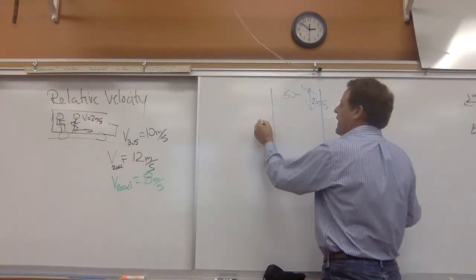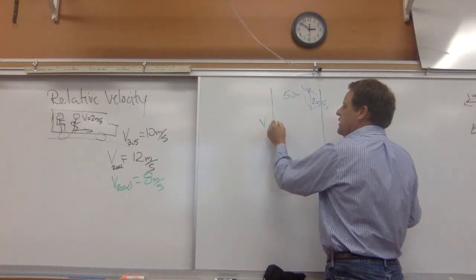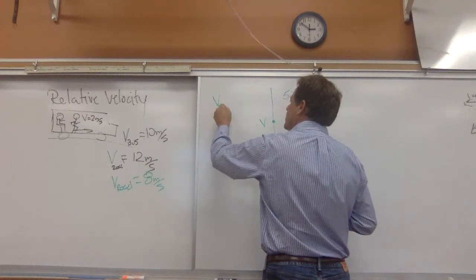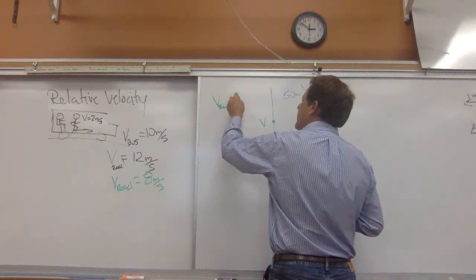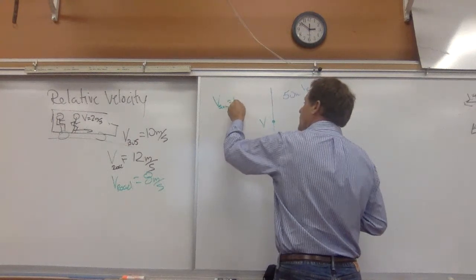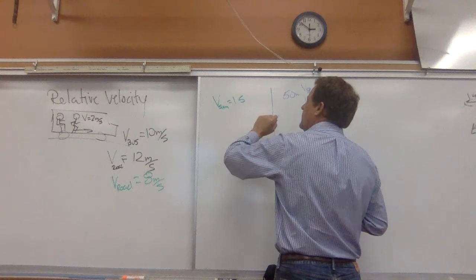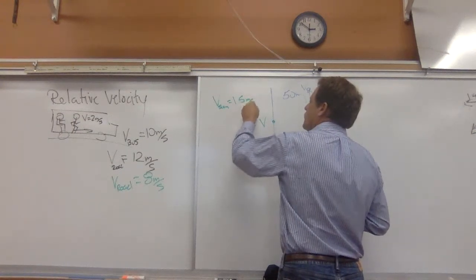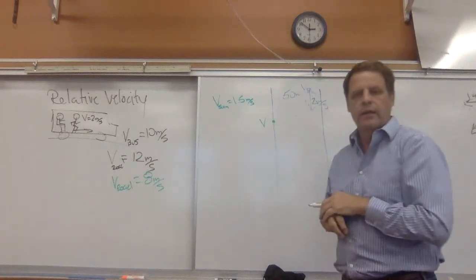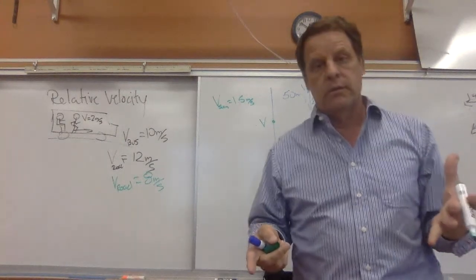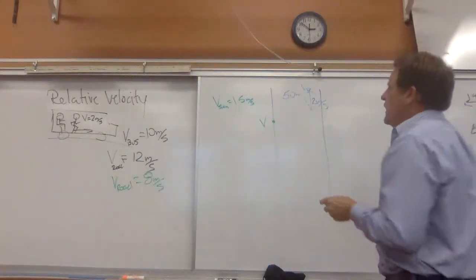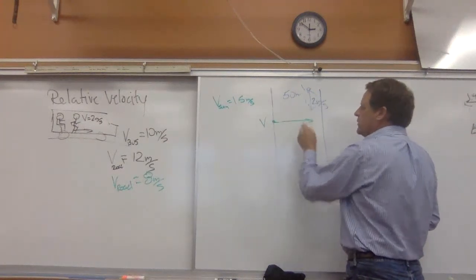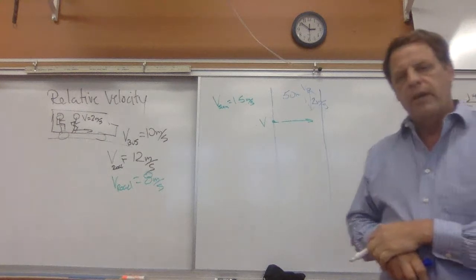Let's say that you can swim. Your swimming velocity is, let's say, 1.5 meters per second in still water, and you want to cross this river.